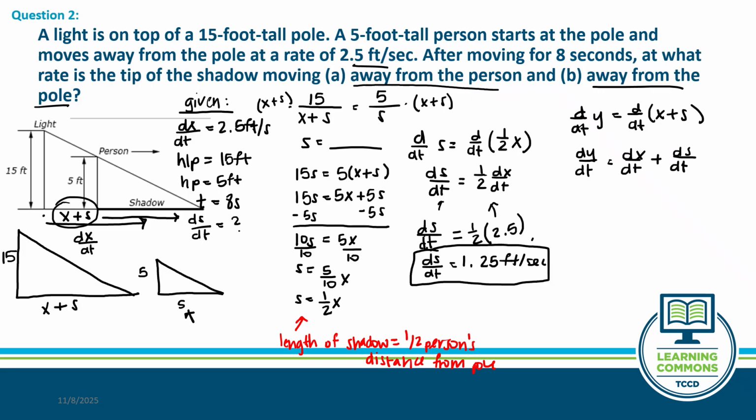So again, I'm going to utilize this answer and this answer. So dy over dt equals dx over dt, which is 2.5 feet per second, plus 1.25, which is going to end up giving me 7.5 feet.